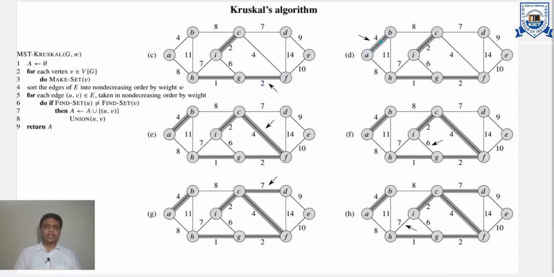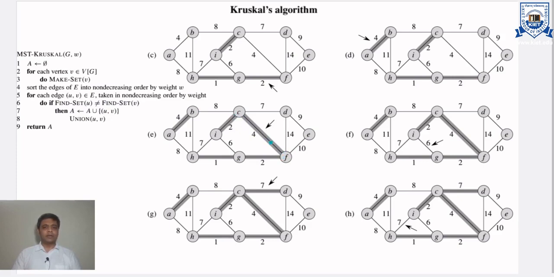It is not going to make any cycle with the previously selected edges, so we finally include this edge into our answer. Then after this 4, the next minimum would be this edge, and this edge is not going to make any cycle with the previously selected ones. These highlighted edges are previously selected edges. So you could see that this newly selected edge is not going to make any cycle with the previously selected edges. So it is safe, and that's why it is included.